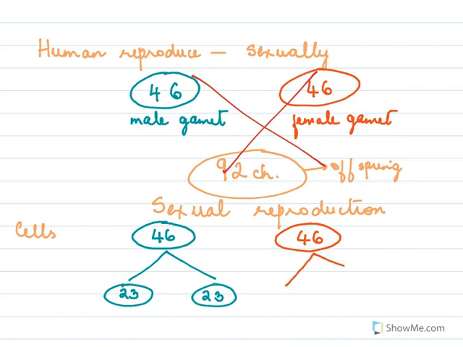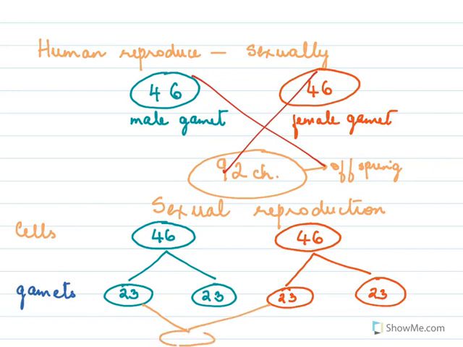These are called the gametes, and it is the gametes that then fuse to form the offspring. So this gamete and this gamete will fuse, 23 plus 23, and you'll get 46 again.